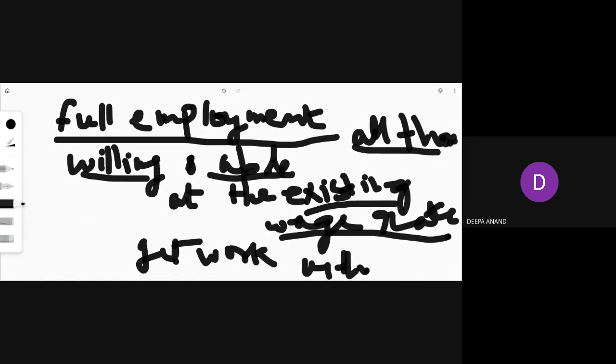So what do you mean by full employment? In this case, we will come to a conclusion that there is no unemployment. Yes or no? Full employment is a situation of no unemployment. Yes, ma'am. That means demand for labor is equal to the supply. Understand one more thing, demand for labor is equal to its supply.